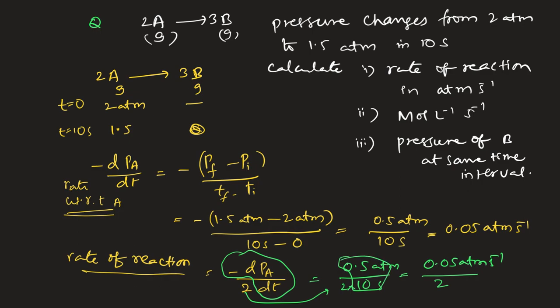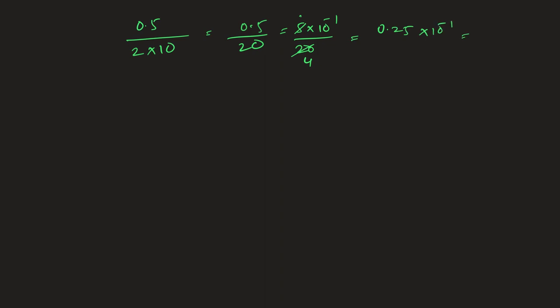I'm writing the answer here: 0.5 by 2 into 10, that is 0.5 by 20, which can be written as 5 into 10 power minus 1 by 20, that is 1 by 4, or 0.25 into 10 power minus 1, which equals 0.025.